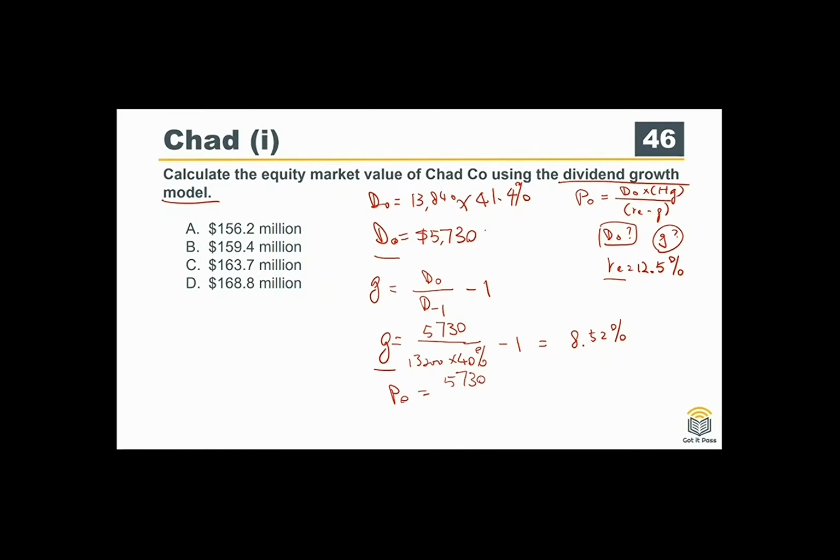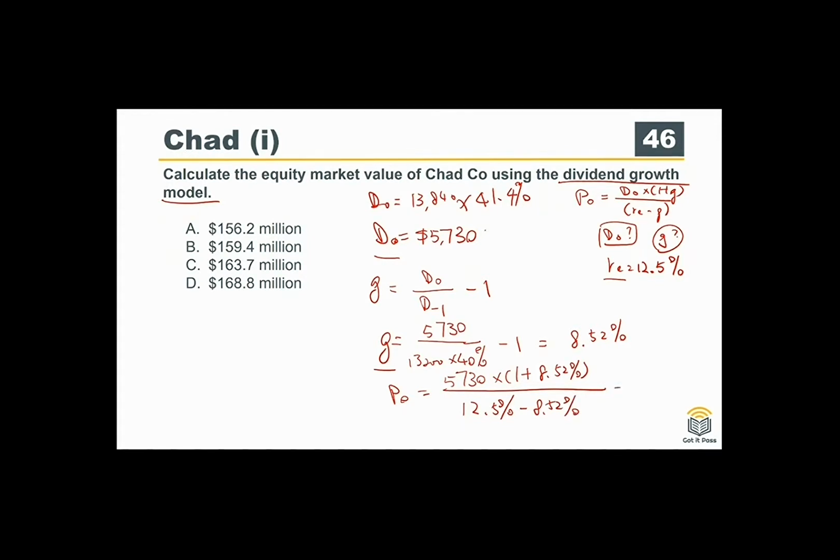For D0, it is 5,730 times (1 plus the growth rate, which is 8.52%) divided by (Re, which is 12.5% minus the growth rate at 8.52%).